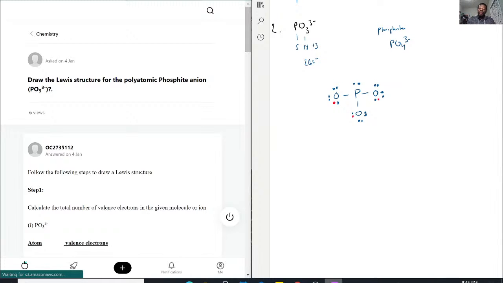Now let's check out the formal charges to see if this is a stable, or at least the most stable thing they would prefer. So with phosphite, phosphorus likes to be one lone pair and 3 bonds. That represents a formal charge of 0. Okay? That is its most stable form because that is when the unpaired electrons become bonds. Oxygen, on the other hand, it only has 2 unpaired electrons, so when they become bonds, this will represent its formal charge of 0.